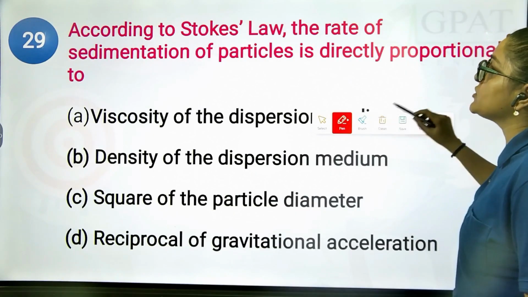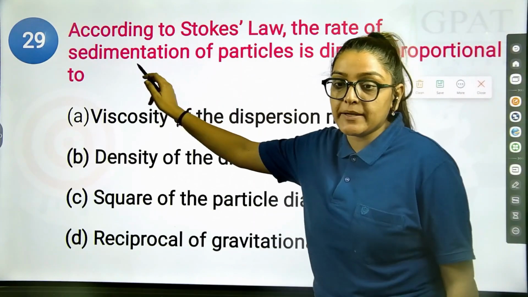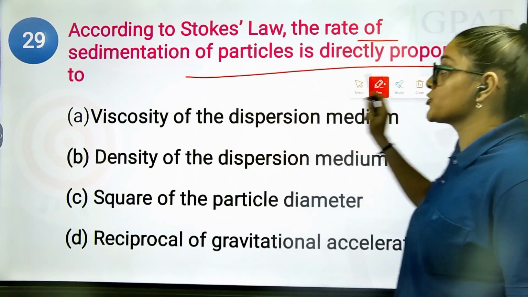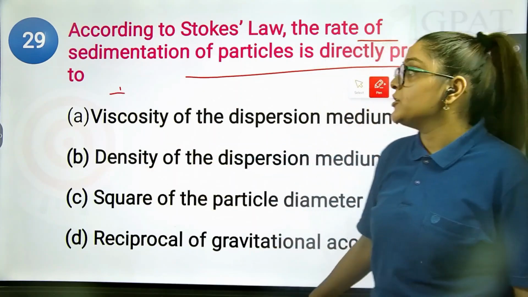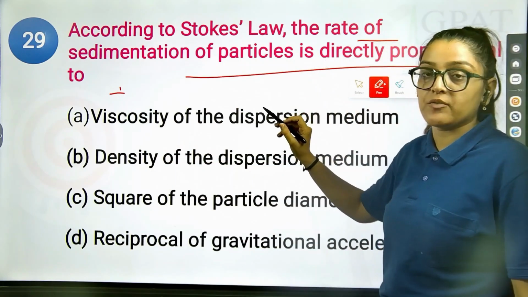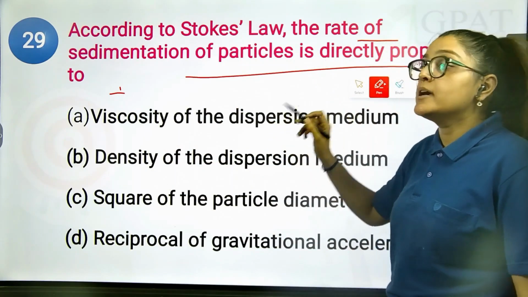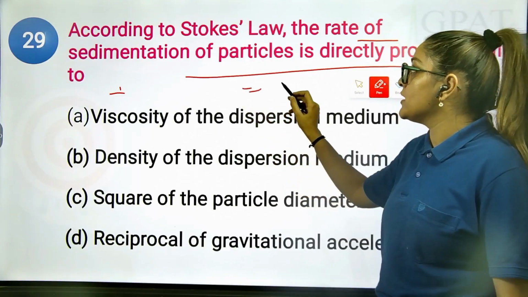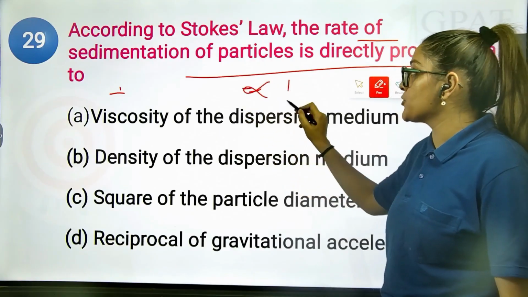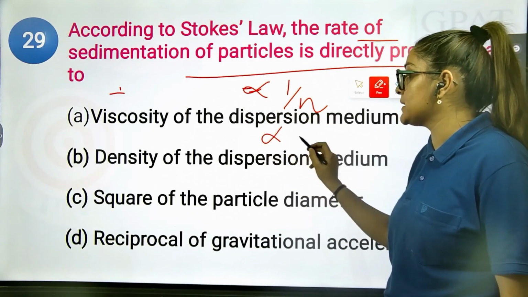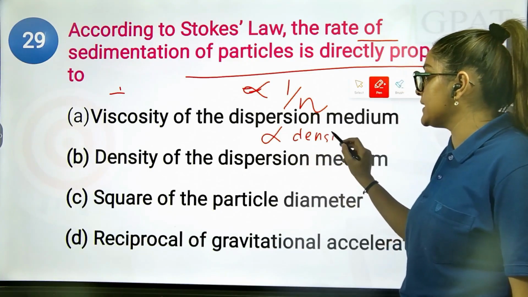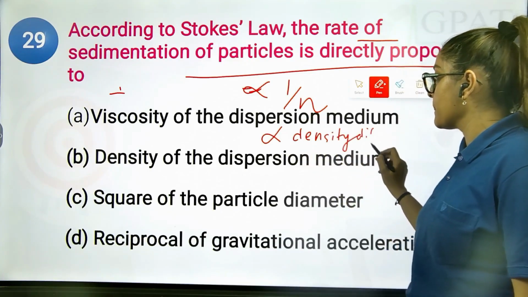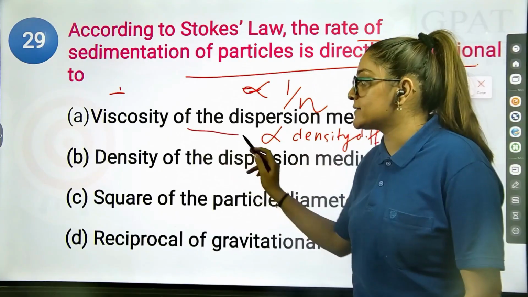Next, according to the Stokes law, the rate of the sedimentation of the particle is directly proportional to what? So here you have seen in the Stokes law equation, we have our density difference, right? Then we have inversely proportional with the viscosity, but directly proportional with the density difference. Okay, so viscosity is inversely proportional.